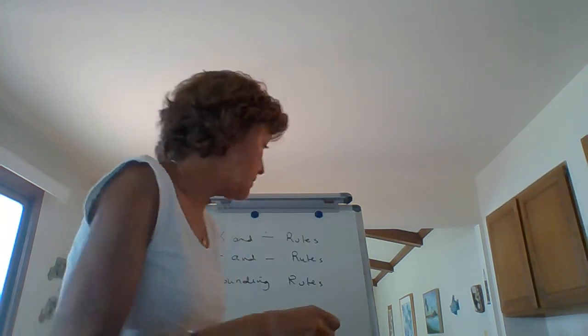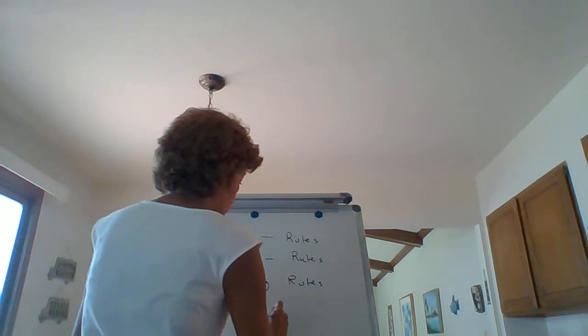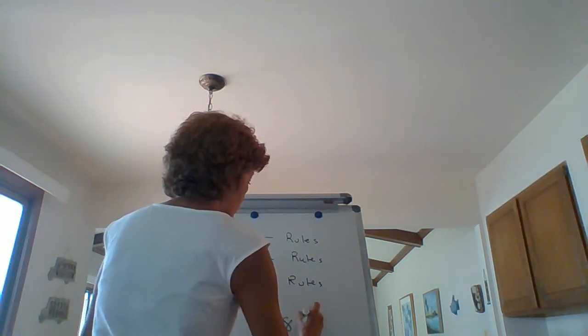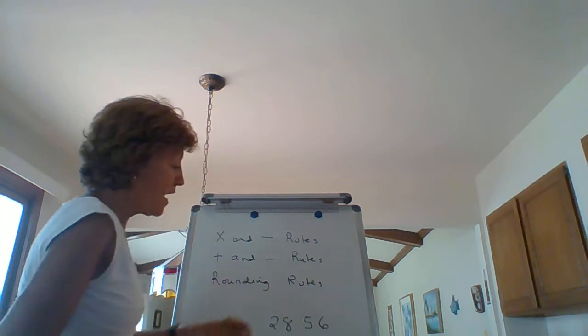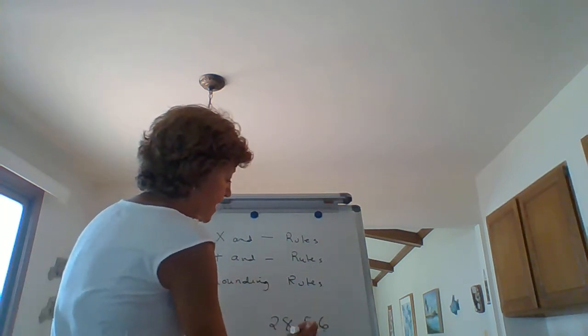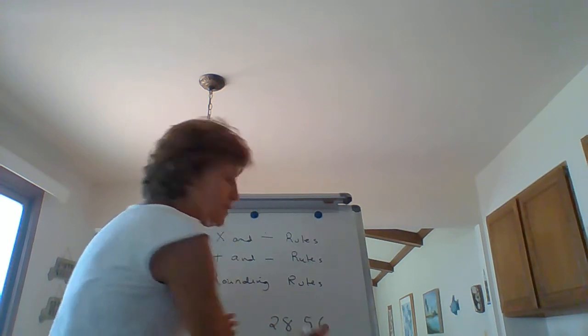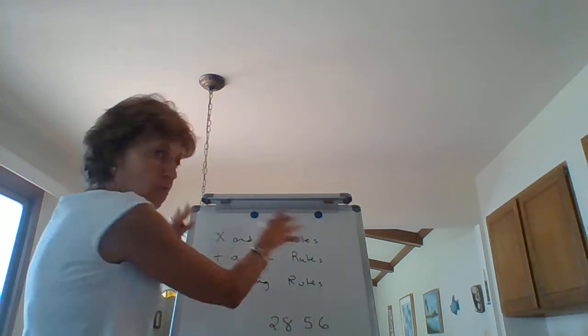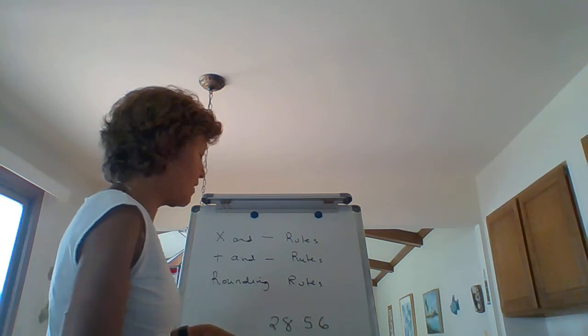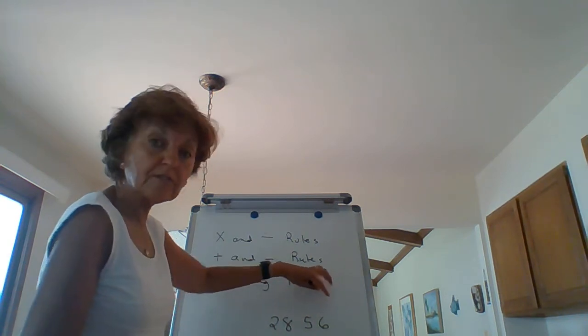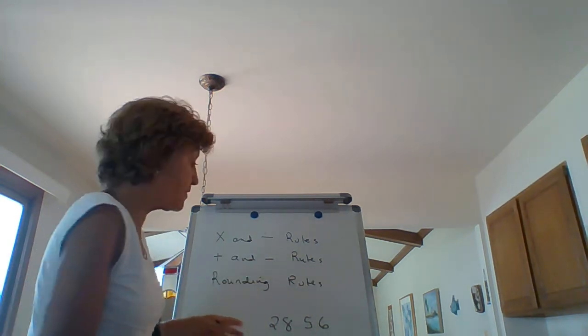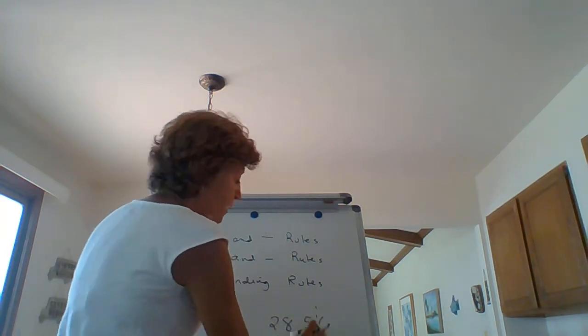If, for example, you need to round something, and let's say you have a number like this, 28.56, and you need to have only 3 sig figs. Your final answer must have 3 sig figs, let's say, based on what we're going to learn a little later on. Well, this is 4 sig figs. Let's say you have to round it to 3 sig figs. So that means we got to get rid of this.